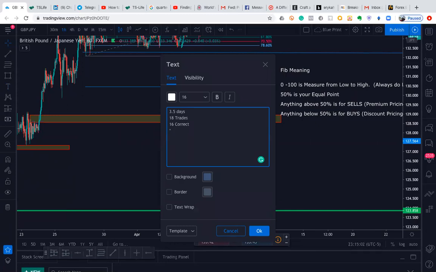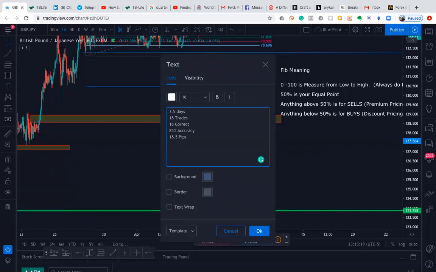Okay, that's 85% accuracy. My average PIP was 18.5, was the average PIPs that I took.